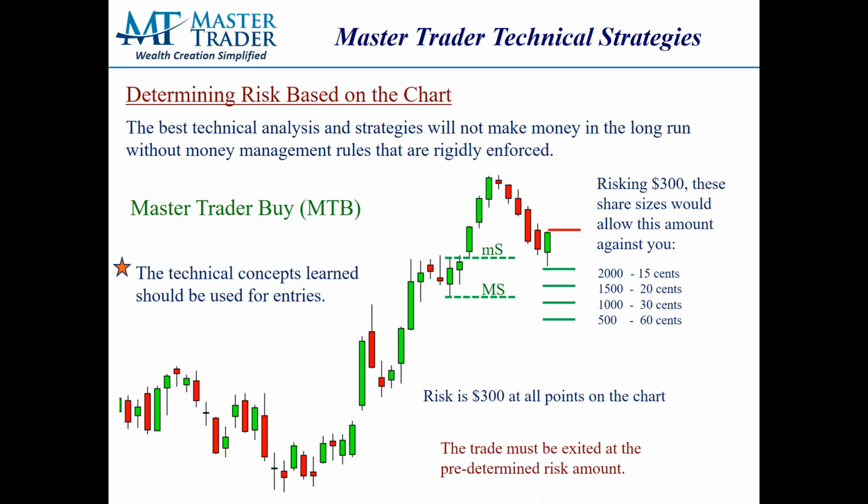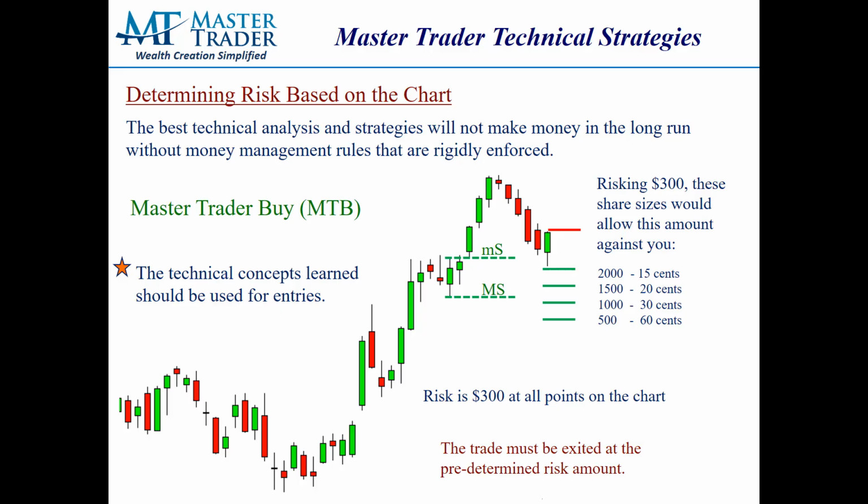They may say, well, prices have pulled back. Maybe they're a Fibonacci type of trader, and it's pulled back 50% from the prior move. So I'm just going to enter there with a predefined money stop and see what happens. That can work, but that's not our approach. We're going to have predefined setups based on our technical concepts. And that's how we're going to enter and where we're going to put our stop.